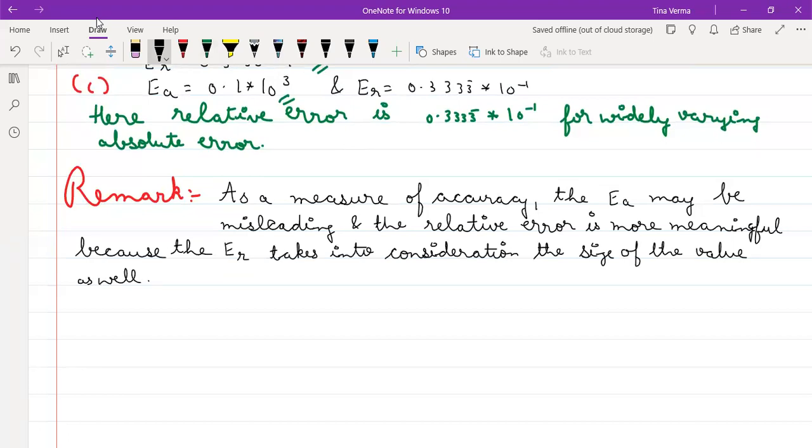In the examples we discussed before, we have taken X and Y, right? You can find the absolute error and relative error for the same. Clear?